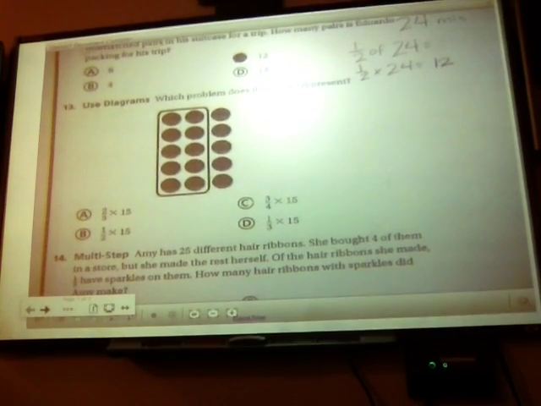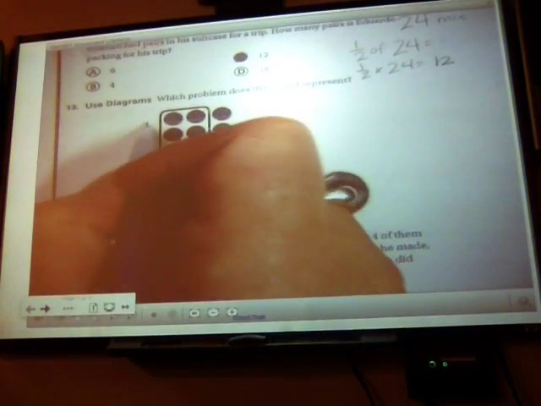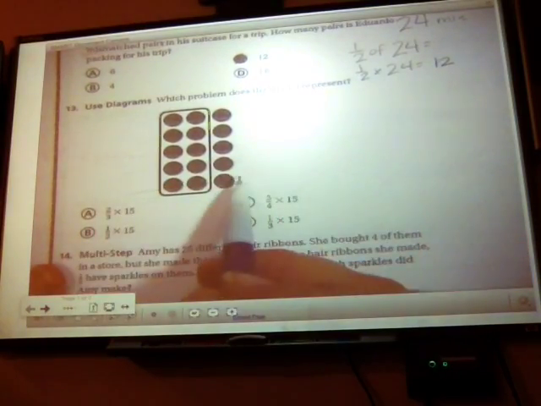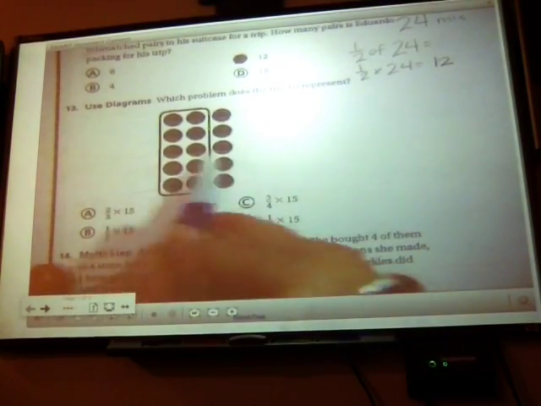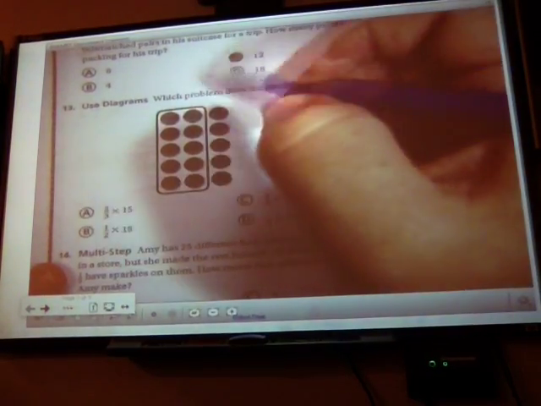Use this diagram to see which model. So the question is, I don't know which way to go. Do I count this as my group? 1, 2, 3, 4, 5. Do I have a whole group circled this way? No, I don't. I have groups circled this way.